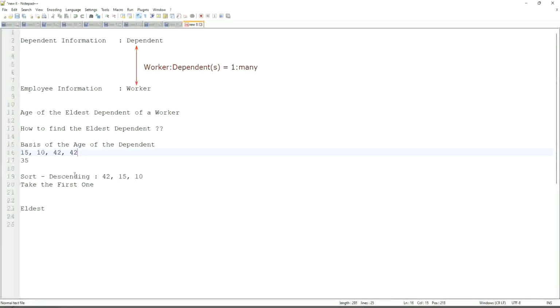Okay. But in this case, let's say you have more numbers like 42, 43, 75, 82, and so on. If one worker has so many dependents, with these ages, is the logic that we have defined absolutely bulletproof?